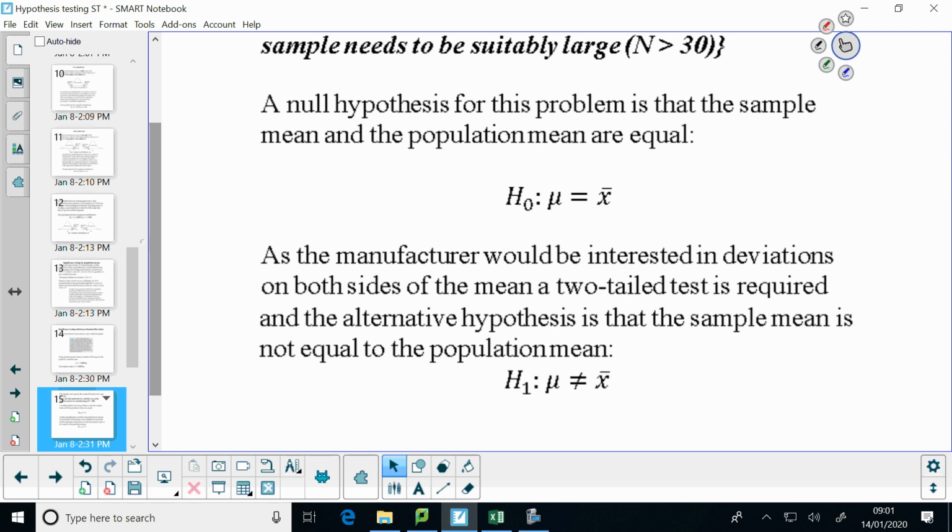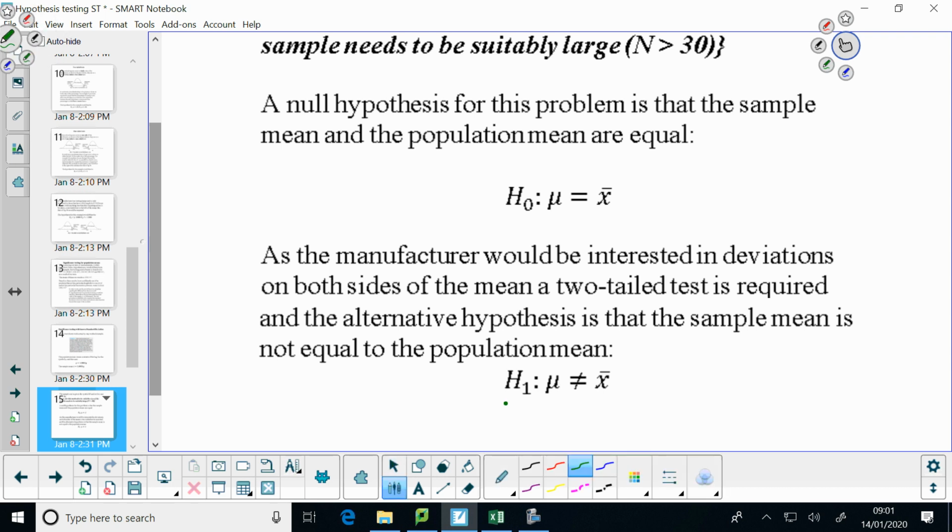As the manufacturer would be interested in deviations on both sides of the mean, a two-tailed test is required. So we need to look on both sides, too heavy, too light. Neither is good. So we require a two-tailed test, and the alternative hypothesis is that the sample mean, x bar, is not equal to the population mean.